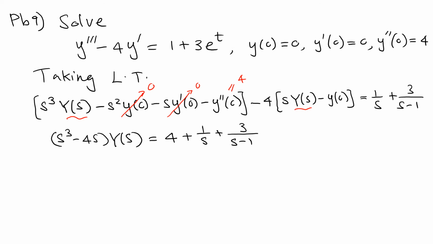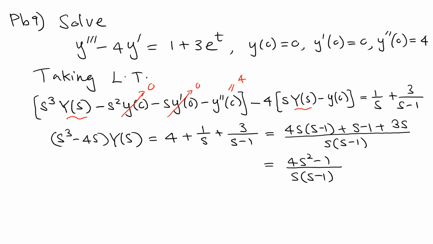So we can write it like this, which simplifies to, and also we can notice that the first term you can factor as s squared minus 4, which can further factor into s minus 2 and s plus 2. Now we're going to divide both sides by that, so we can write it like this now.